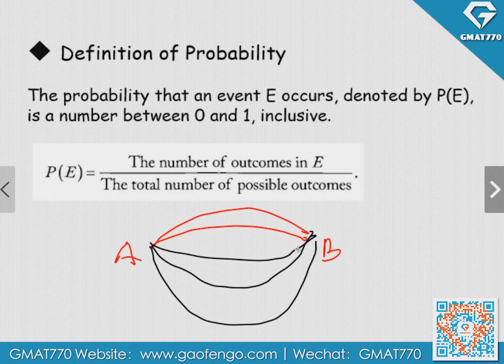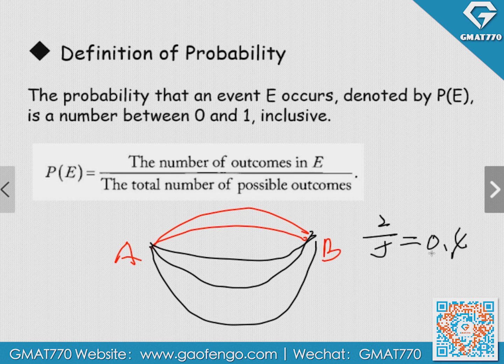If I ask you what is the probability of the red lines, you need to use the number of the red lines, which is 2, divided by the total number of all possible ways from A to B, which is 5. So you will have 0.4.